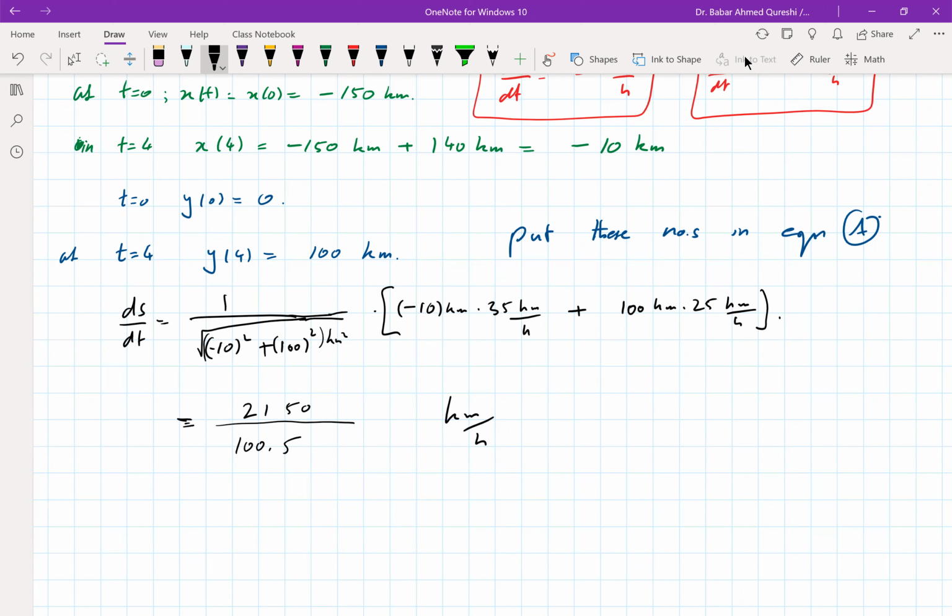So this gives some number, 21.39 kilometers per hour. That's the rate of change of this separation.